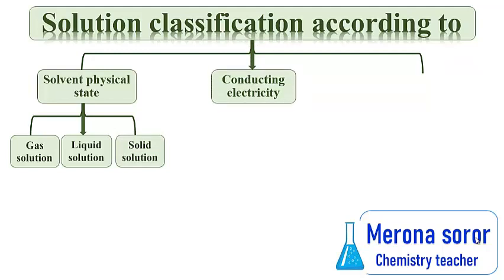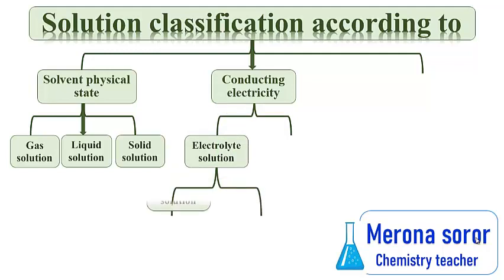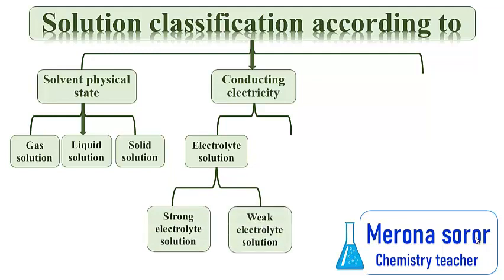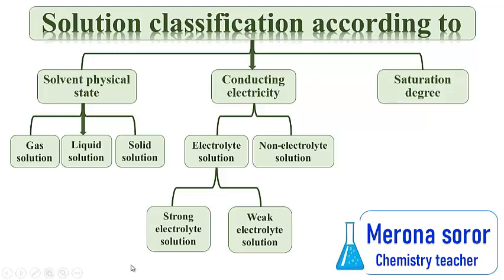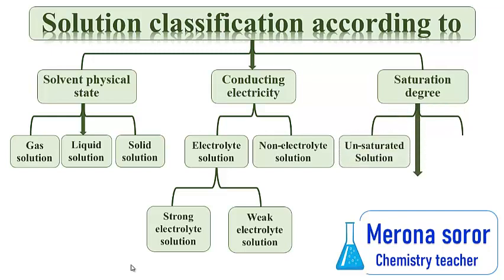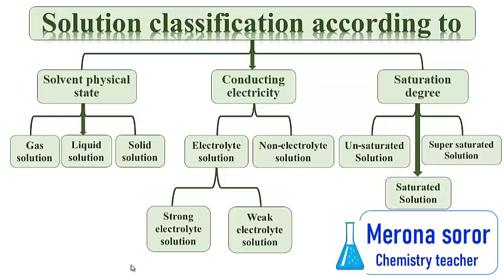Number 2, conducting electricity: electrolyte solution, which is divided into strong electrolyte solution and weak electrolyte solution, and non-electrolyte solution. Number 3, saturation degree: unsaturated solution, saturated solution, and supersaturated solutions.